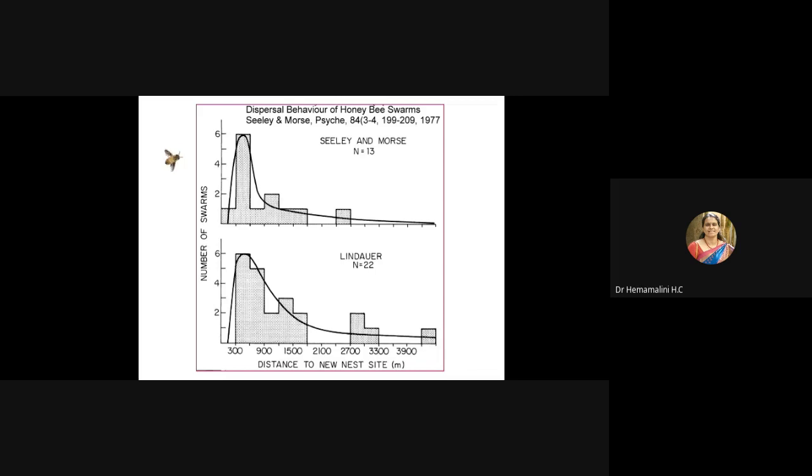So usually the swarming takes place in nearby locations within 1 kilometer, and at maximum up to 2 kilometers. Means most of the time the swarming takes place within 500 meters to 2 kilometers.